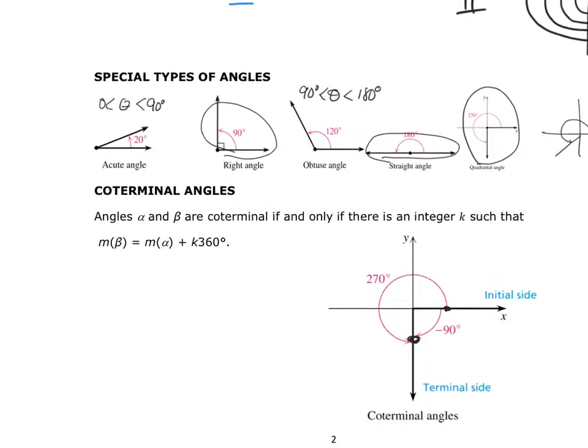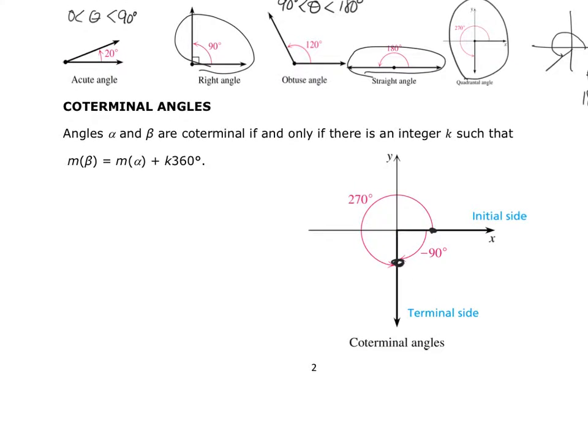They are multiples of 360 from each other. So, is one of the angles m of beta and the other m of alpha? So m, these are measurements.